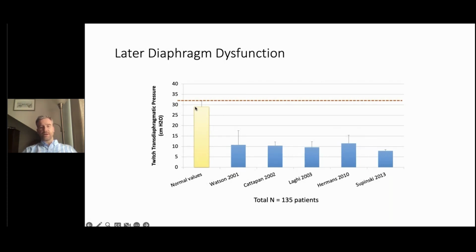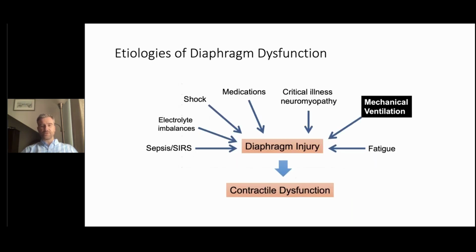That's the sort of expected value in healthy adults. And in multiple studies of critically ill patients, you'll see that twitch transdiaphragmatic pressure comes in far below that. So this appears to be extremely common, to have reduced diaphragm force generating capacity in critically ill patients of varying duration of mechanical ventilation. So the question is, why?